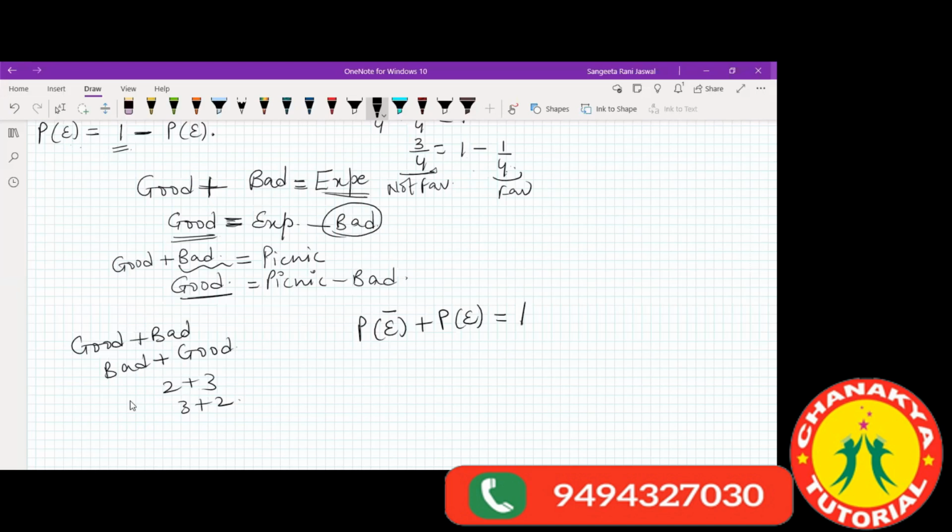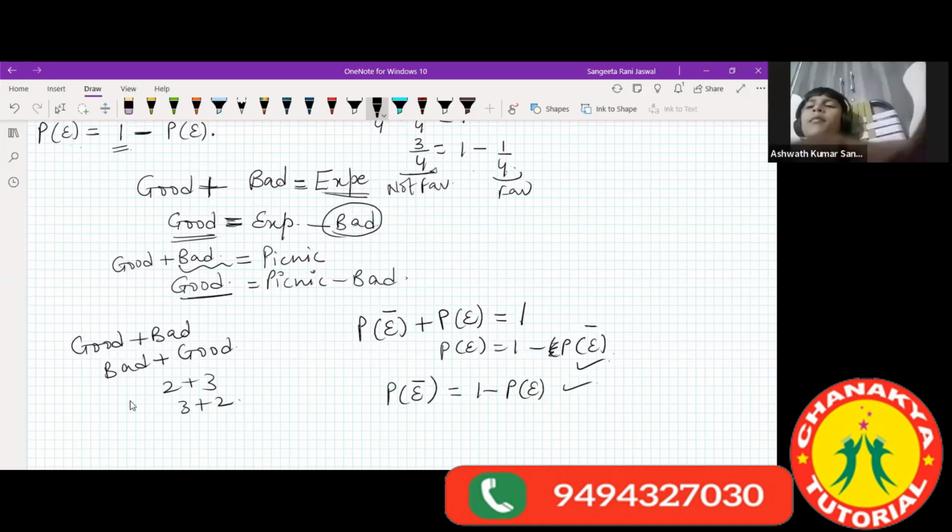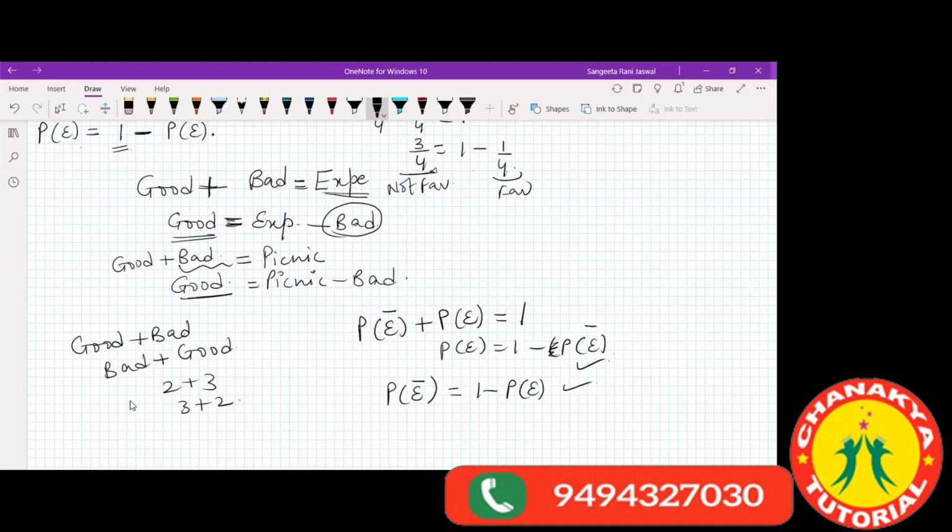So even if I write probability of event is 1 minus probability of not an event, it is correct. Or if I write probability of not an event is equal to 1 minus probability of event, will that make any difference? No.